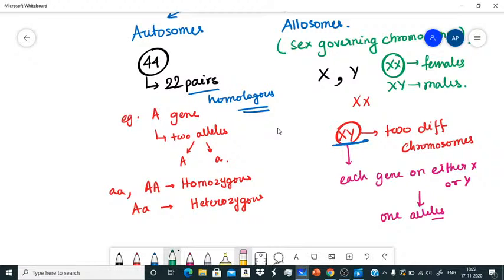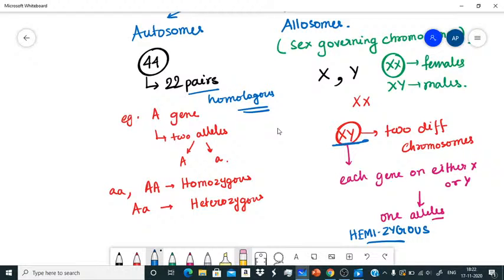Now, this condition of having only one allele, on the one chromosome of the pair, this situation is known as hemizygous condition. Hemizygous condition.